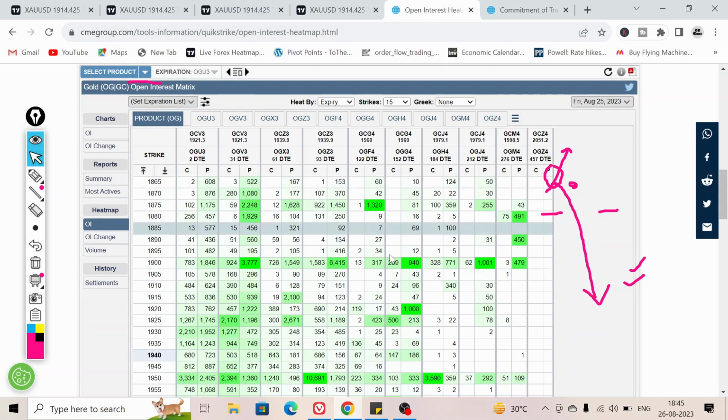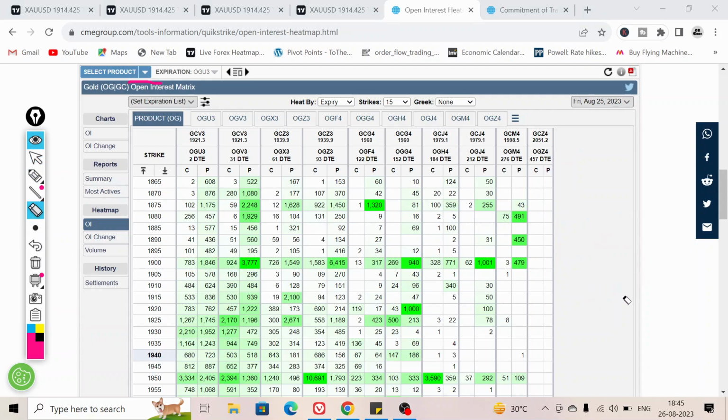And if we check the levels on the open interest heat map, these are the levels. The current closing price is 1914 on spot price, and on gold futures the next resistance of course is 1925 to 1930. You can see multiple resistance levels on the higher side, and on the lower side the most important support level is 1900.